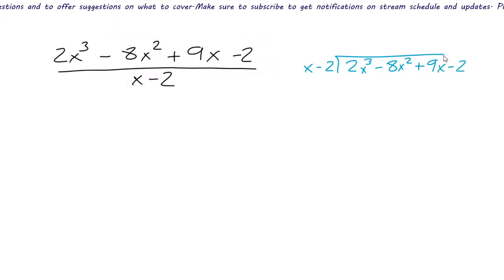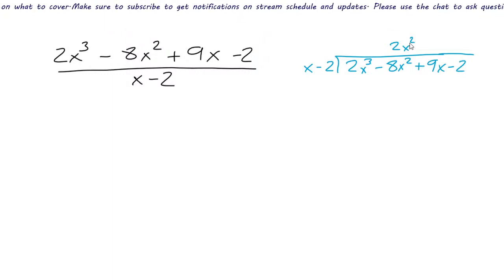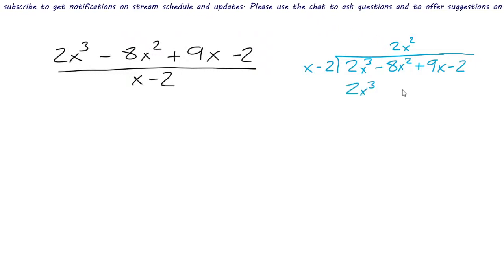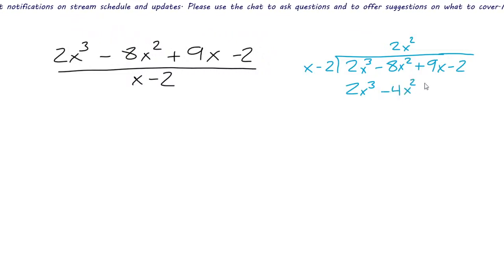Should be problem number 6. So then what can we multiply x by to get to 2x cubed? You can multiply by 2x squared. 2x squared times x is going to be 2x cubed. 2x squared times negative 2 is going to be negative 4x squared. We're going to subtract.